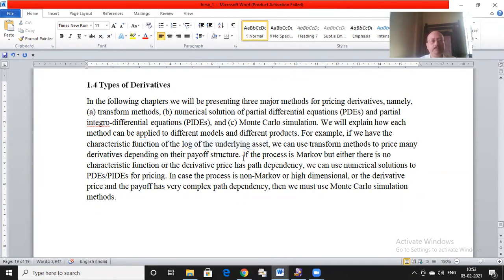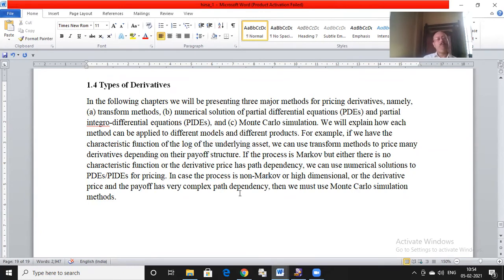The next level of complexity is if the process is Markov, but either I cannot find the characteristic function or the derivative price has path dependency. If I have path dependency, then I won't typically have closed form expressions. Then using the Markov property, we can still use difference equation type numerical approaches and solve the PDEs and PIDs for pricing.